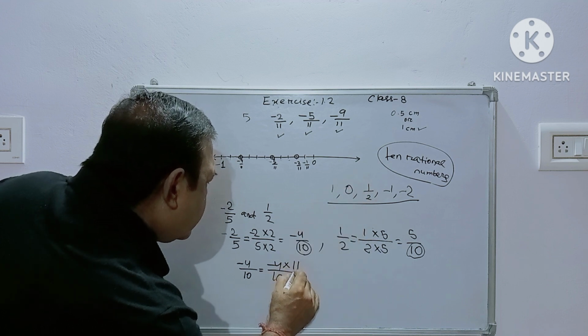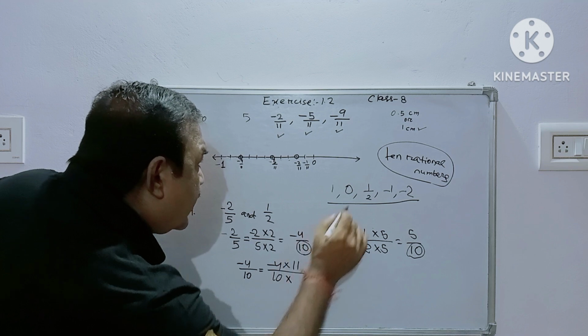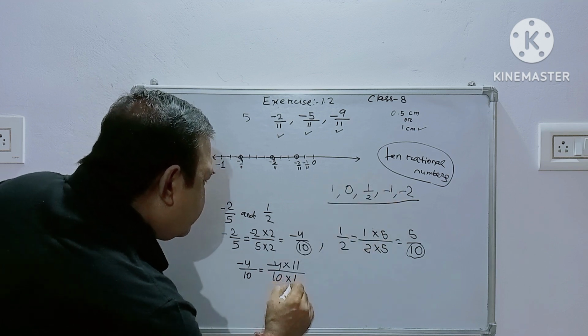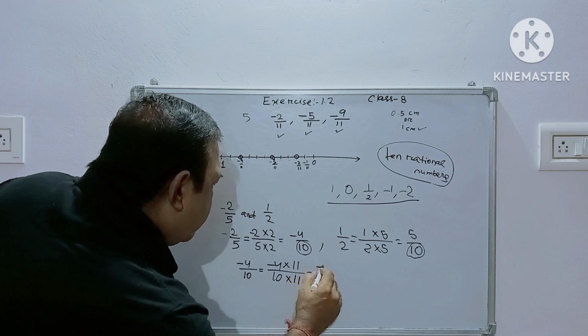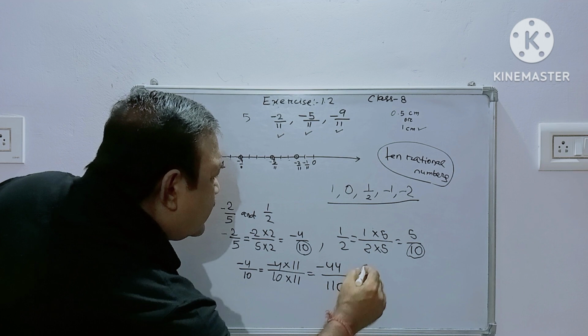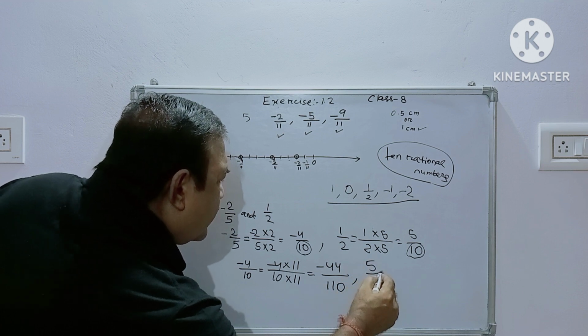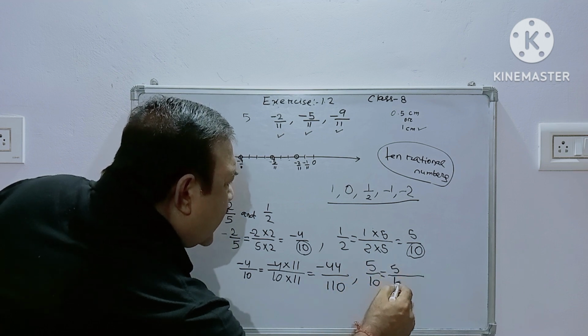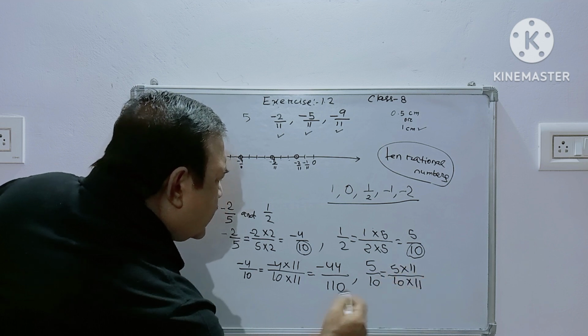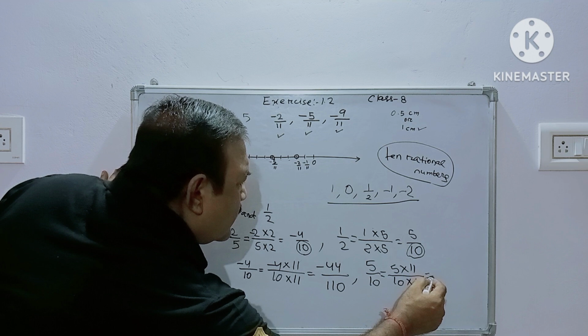At least you add 1 to the number of rational numbers it has been asked. That is -44 divided by 110. So here it was 5 upon 10. In this case also you write 5 upon 10, then you multiply by 11, because the denominator will have to be same.